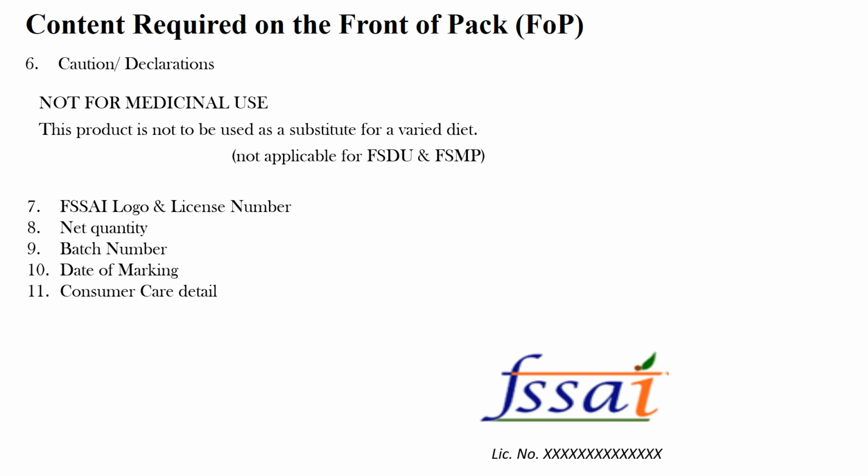Consumer care detail, here you have to give the name of the office or the persons which can be contacted, mobile number, email ID. The label also has the manufacturer and marketer detail, and it also has the price and unit sale price. So these are about 13 information which may be placed on the front or back of the pack.